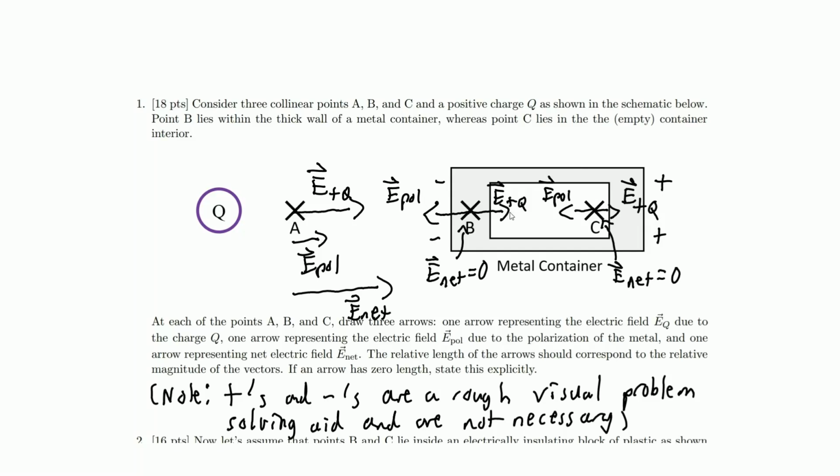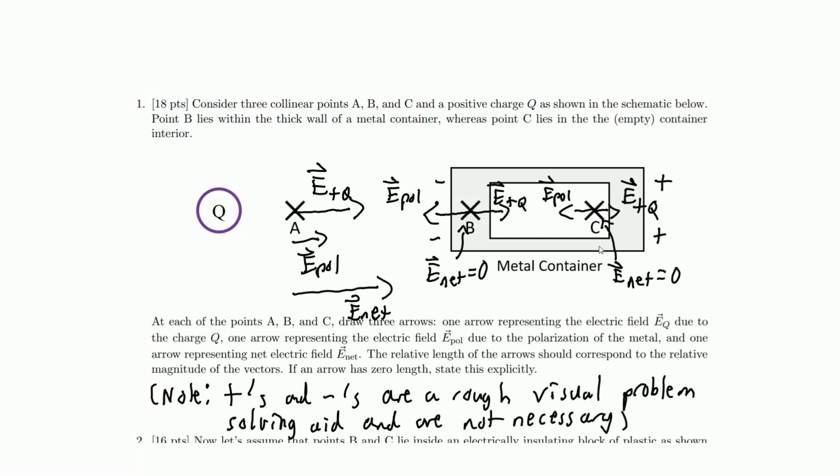And then our electric field of Q would be the same direction, but since it's a further distance away, it would be smaller. And then again, since we're inside of the metal container, the net electric field would be 0.